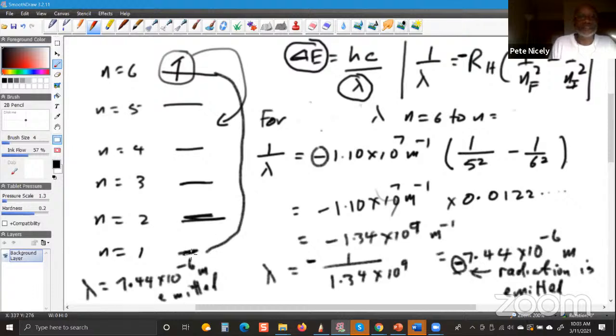This is the n equal 1 energy level. So basically, we have to replace the 5 squared with 1 squared. So let me erase this here. This 5 squared will be replaced with 1 squared. That means that this number will be different. So let me erase that number here.